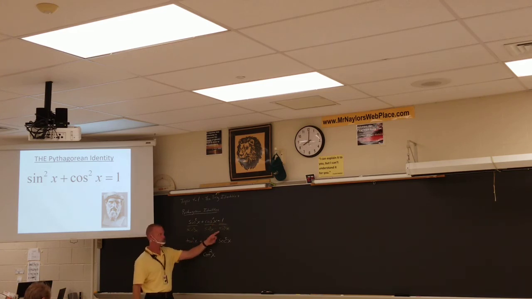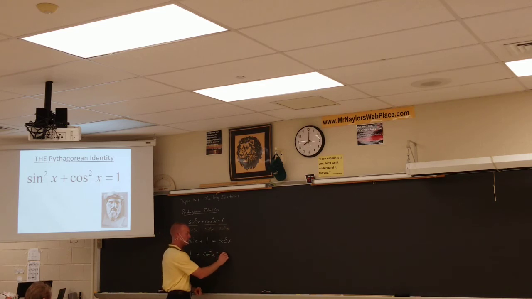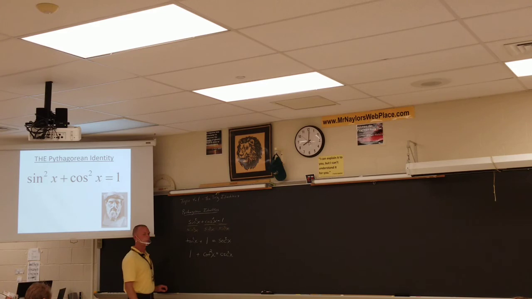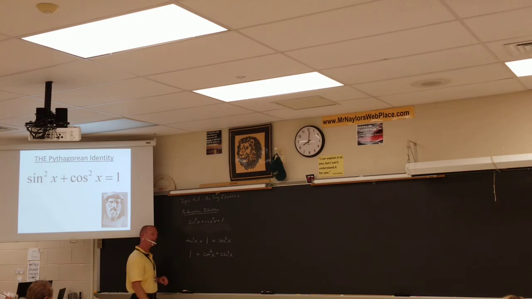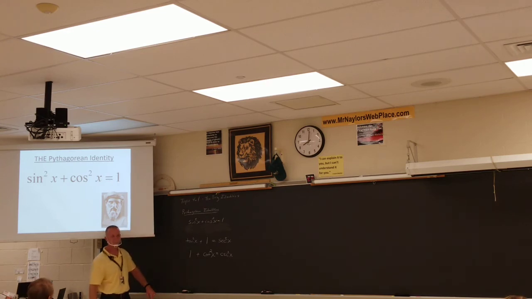And then 1 over sine squared, it's pronounced cosecant squared. That's another Pythagorean identity. Kind of neat how, though, everything originated still from the thing of beauty.